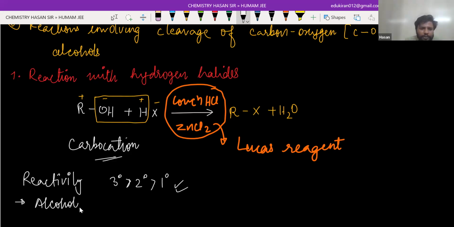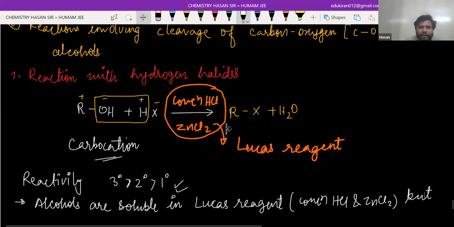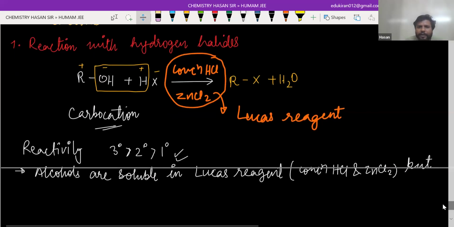Moreover, alcohols are soluble in Lucas reagent. What is Lucas reagent? Again, I'm going to write concentrated HCl and ZnCl2.